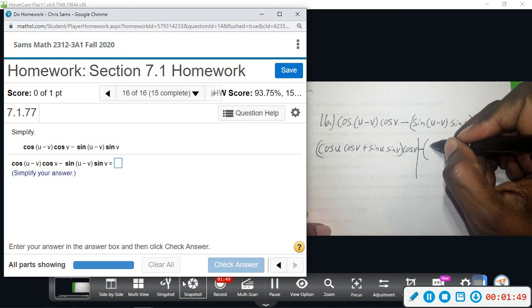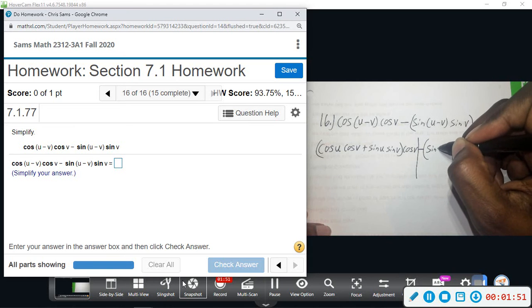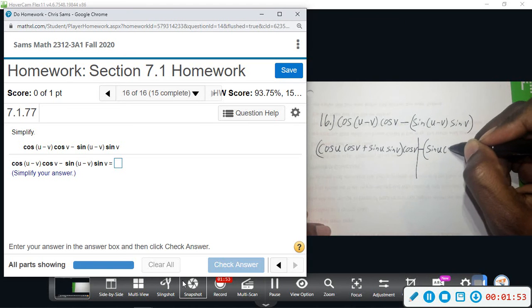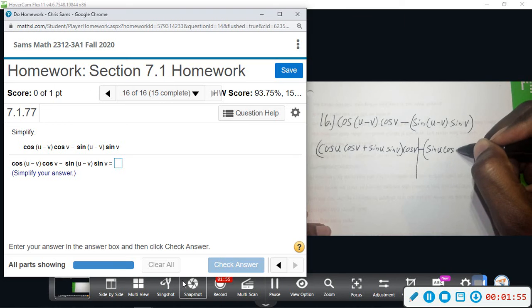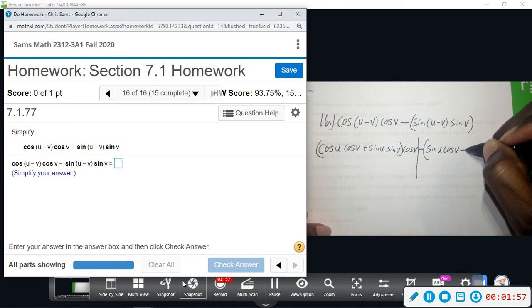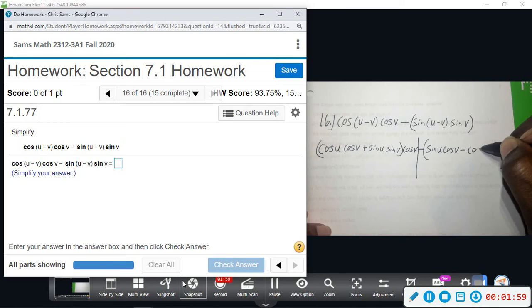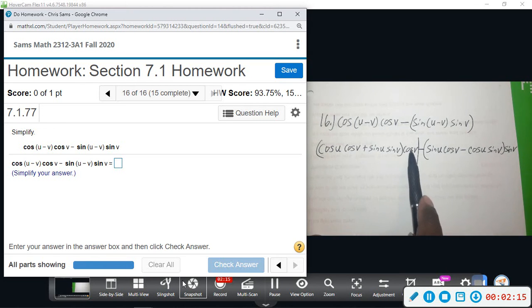But sine of u cosine of v minus cosine of u sine of v, all multiplied by sine of v. I have to squeeze that in there. Alright, so now I'm going to distribute cosine v throughout these.